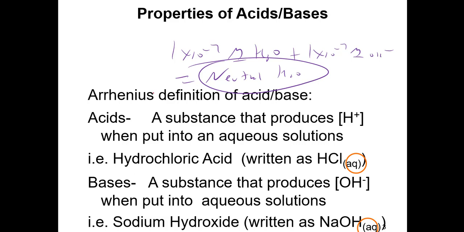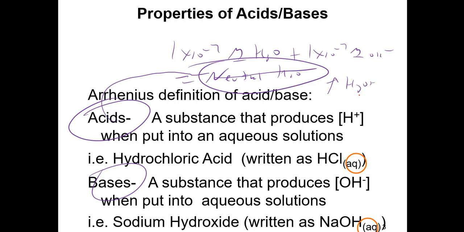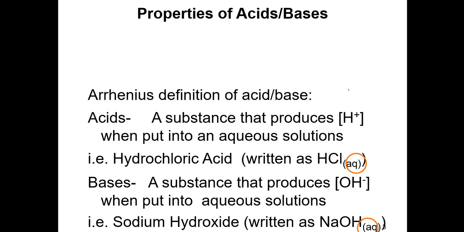Ergo, if we go ahead and add in an acid or a base, then we can change the neutrality and increase the amount of, again, hydroniums, or decrease it.